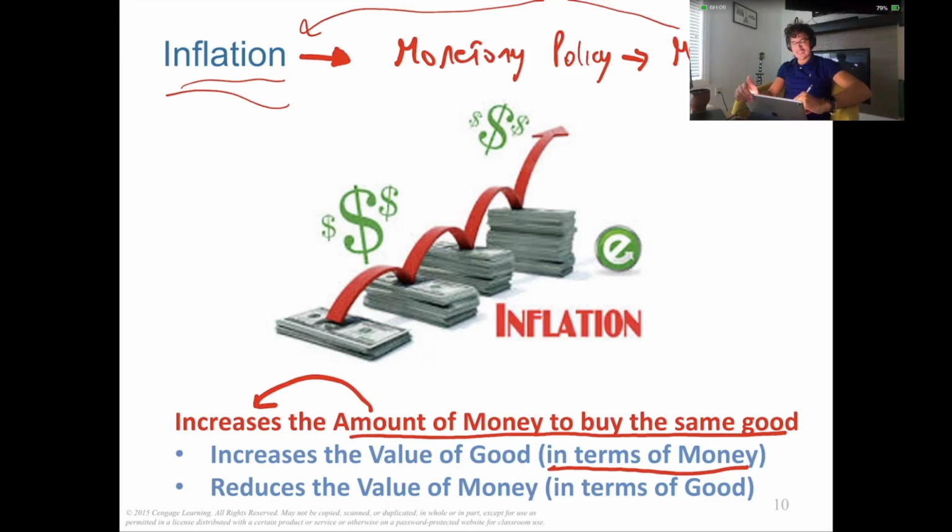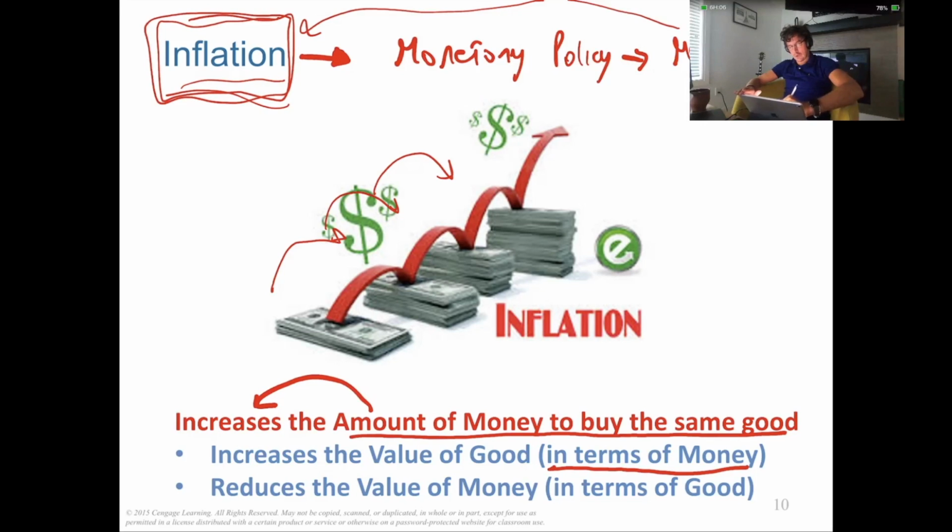If the amount of money in the economy increases, then money becomes less scarce with respect to the goods, especially if money grows more than what the goods grow in the economy. So it's the excess production of money with respect to the excess creation of goods in the economy that causes inflation.